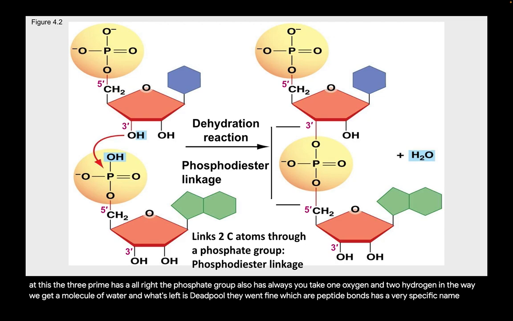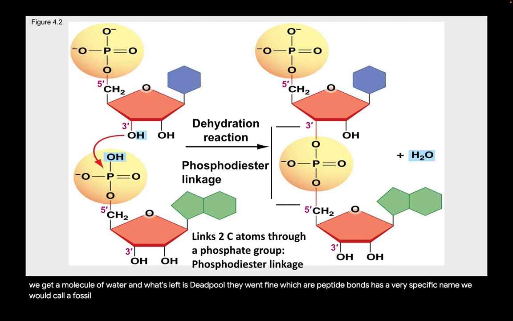We would call it a phosphodiester bond or a phosphodiester linkage. All right, so dehydration reaction yet again, linking our 3' to the phosphate. That phosphate is linked to the 5' of the next nucleotide.